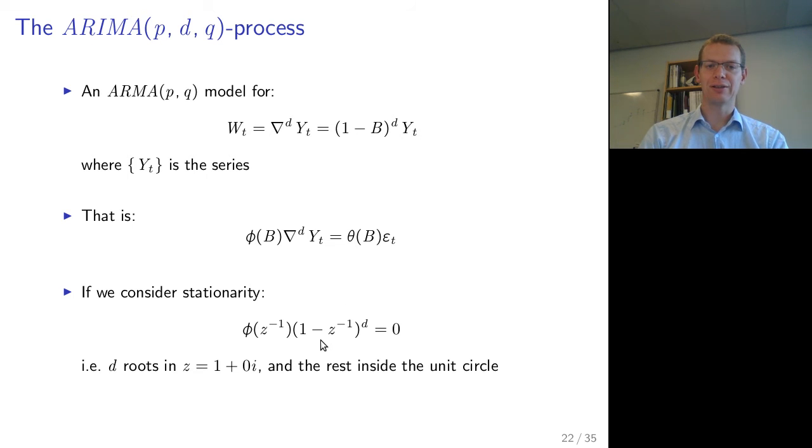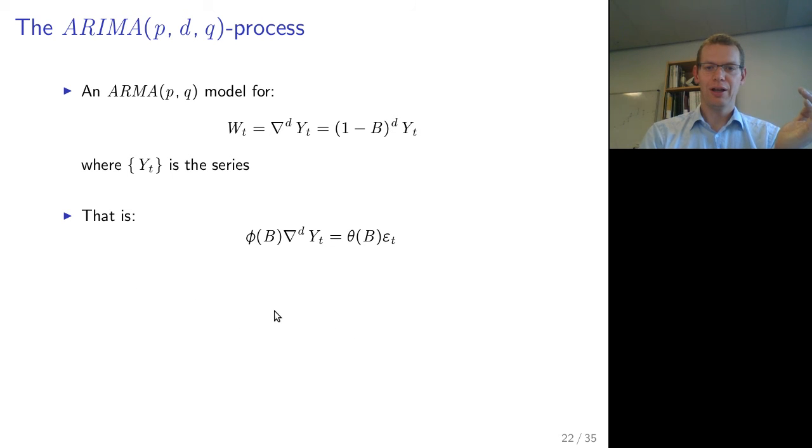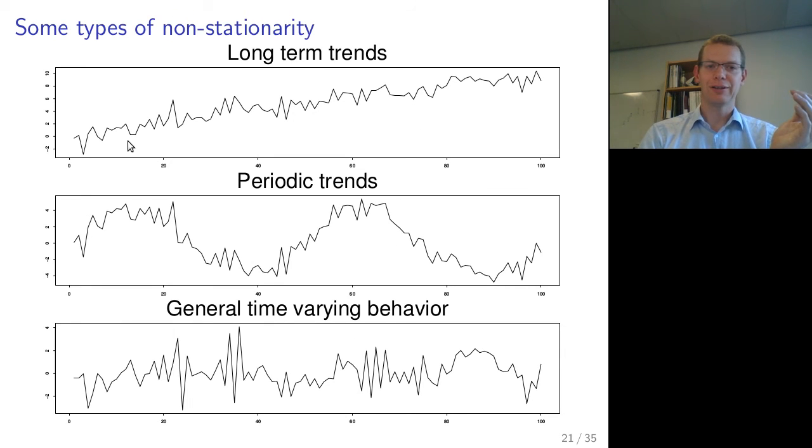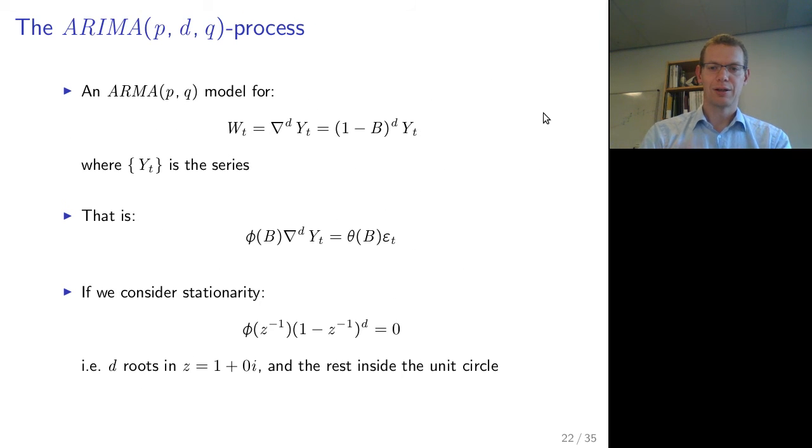That also means the combined process is non-stationary, as we saw here. But if we difference it, looking at the difference between observations, we'll get something that is stationary. At least that's what we would hope to get.